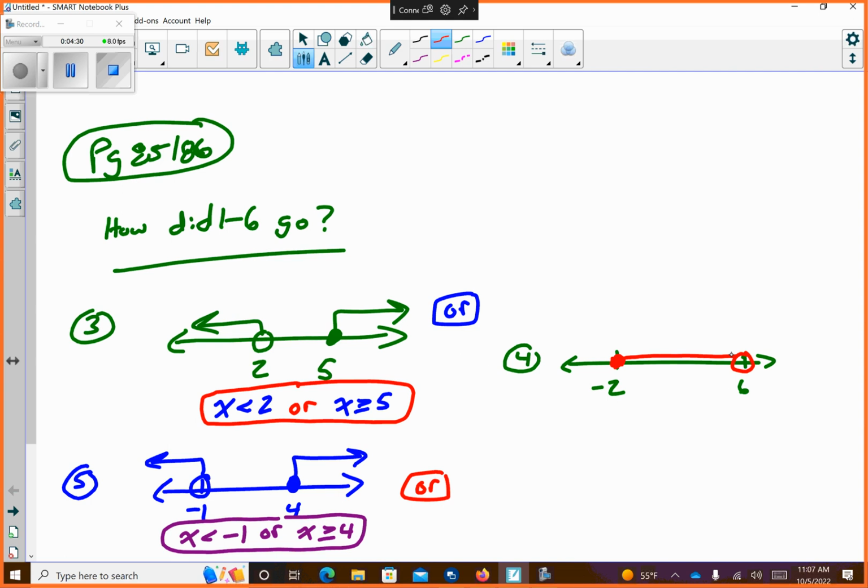My friends, number 3 and number 5 were or, because they went away from each other. What is number 4? What kind of problem? Do you think it's an or problem as well? Yeah, it's going to be an and problem. Now, here's the thing. I'm just putting the word and. I do not put the word and with an and problem. So ready? Do you feel comfortable so far?